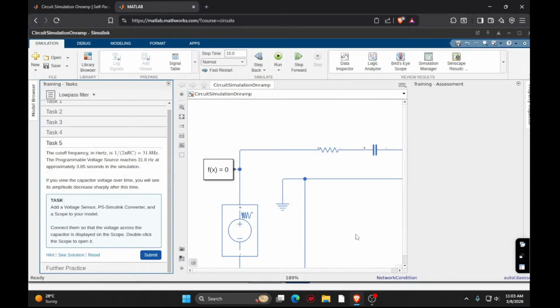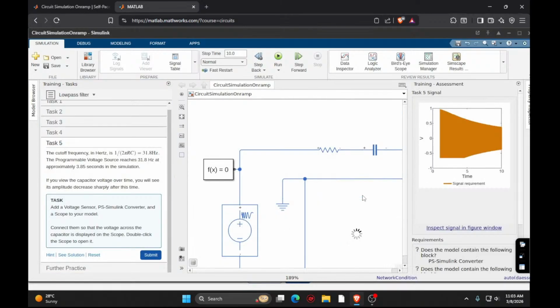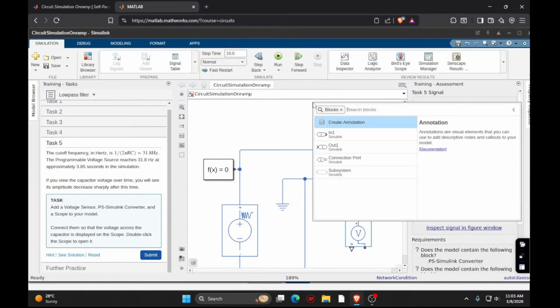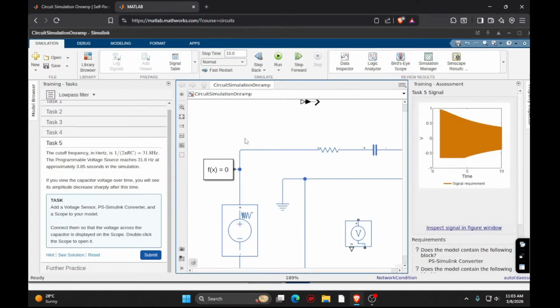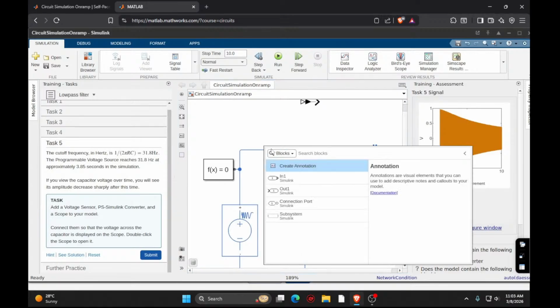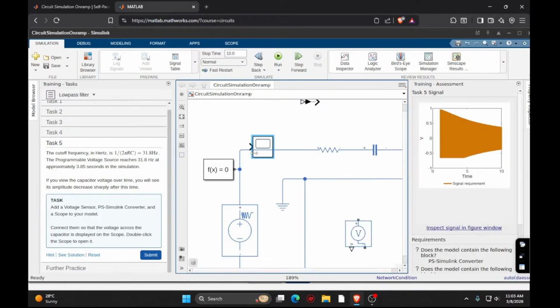Add a voltage sensor from the foundation library, and the PS converter. And I think I need a scope also. I will set the scope here, the converter here, and the voltage sensor here.